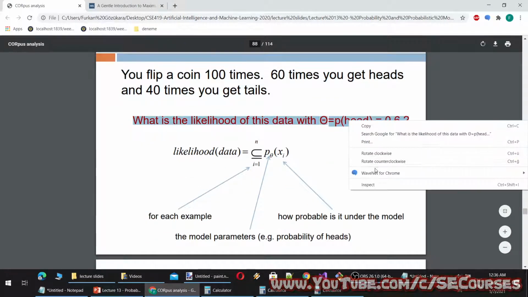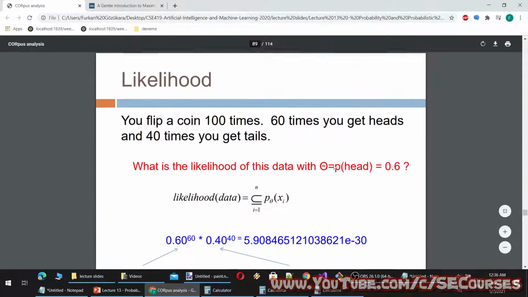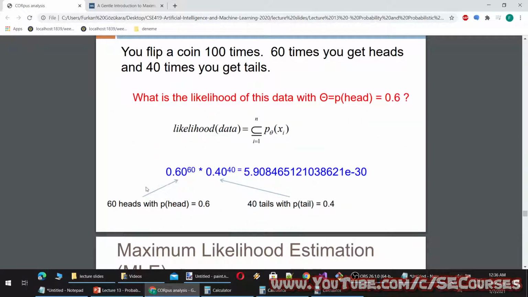So what is the likelihood of this data with theta equals p(heads) = 0.6? The likelihood is calculated like this, and it is extremely small.